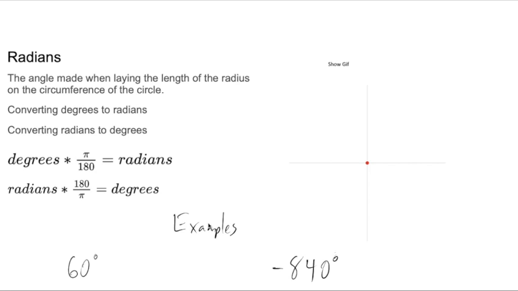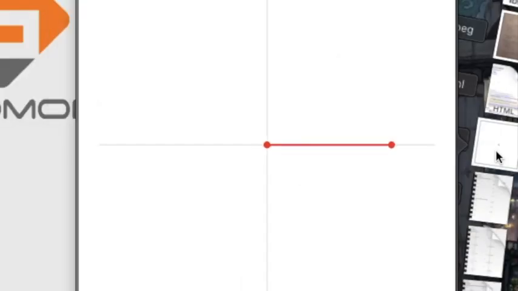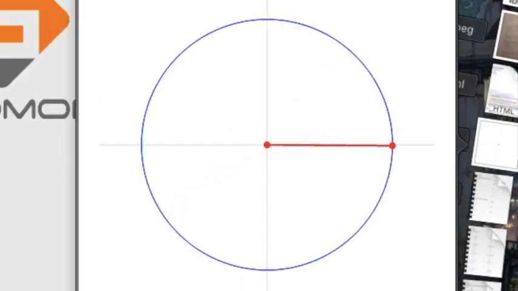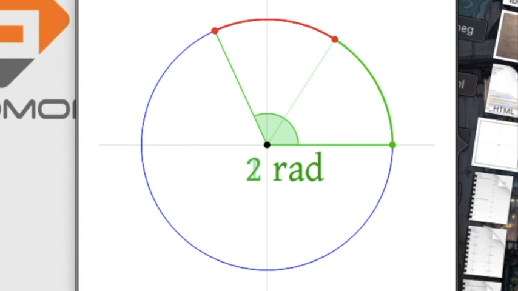Just so you get an understanding of what that looks like, I'm going to show you a GIF. So we just laid the radius down on top of the circumference, and that angle that's formed is called a radian.